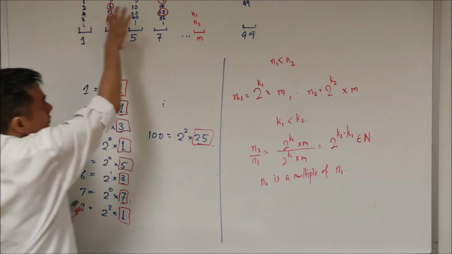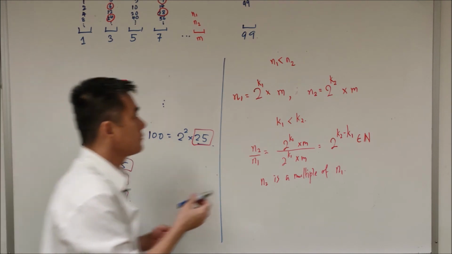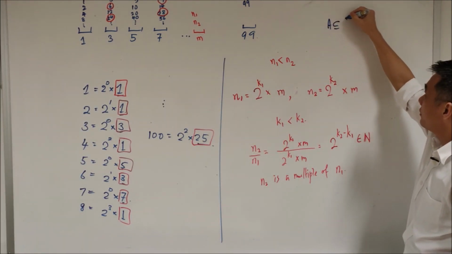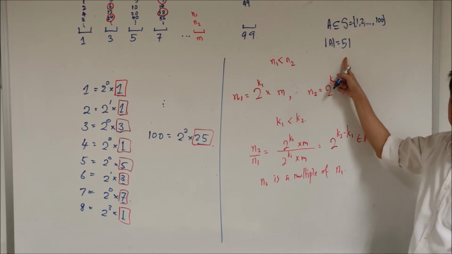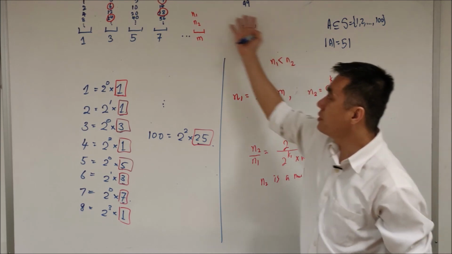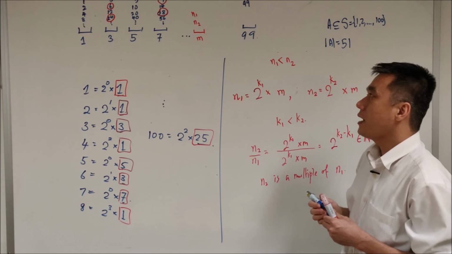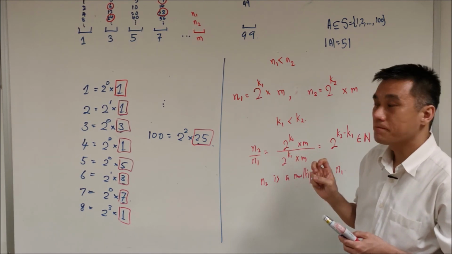There are 50 boxes. Now, if A is a subset of S and A has 51 elements, if we choose 51 numbers from these 50 boxes, there must be at least one box that I choose 2 numbers from.